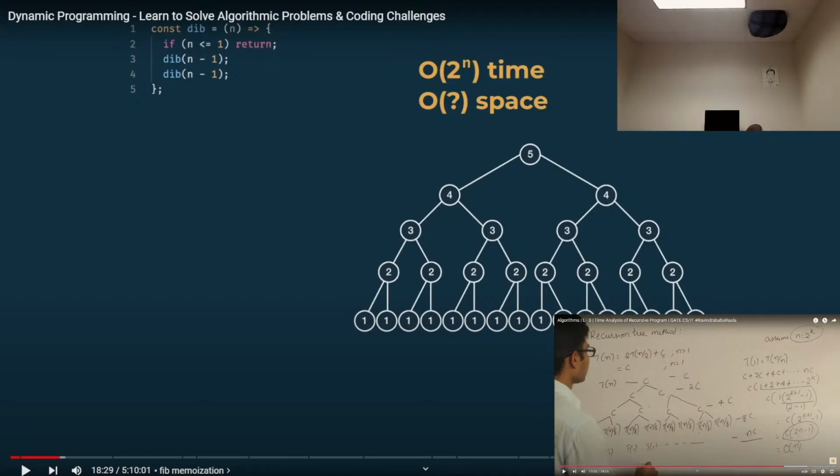2 of f of n by 2. And looks like it works.